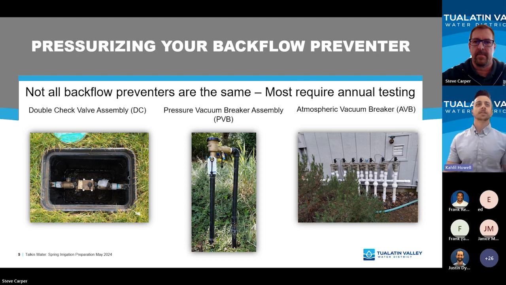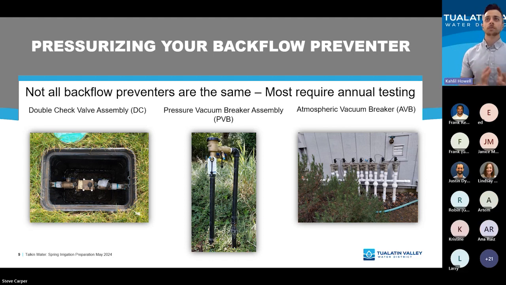Okay, so there's actually up to 5 different types of backflow preventers which can be installed on your irrigation system. However, in Oregon, and specifically here in the district, there's these 3 most common types. Starting with the most common, on the left, the double check valve assembly, or just the double check.